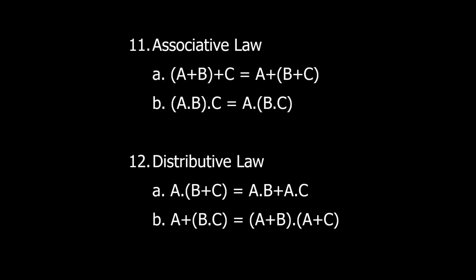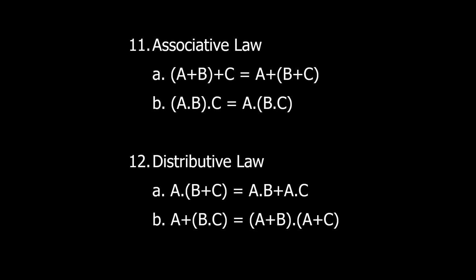The next rule is the associative law. It says the order of the operation can be changed. If you look at part A, that is the associative law for the OR operation. In that, we have (A OR B) within brackets OR operated with C equal to A OR (B OR C) within brackets. As you know, whatever operation we have within brackets, we have to do first.